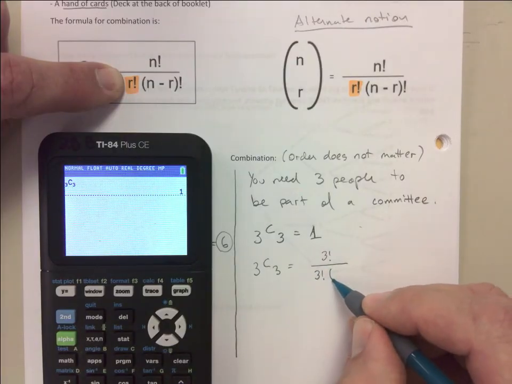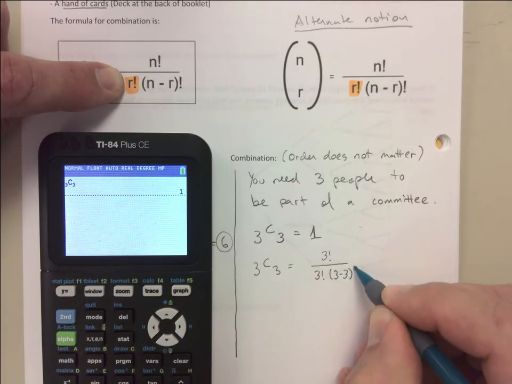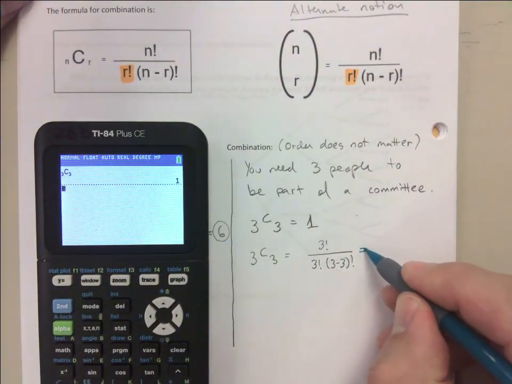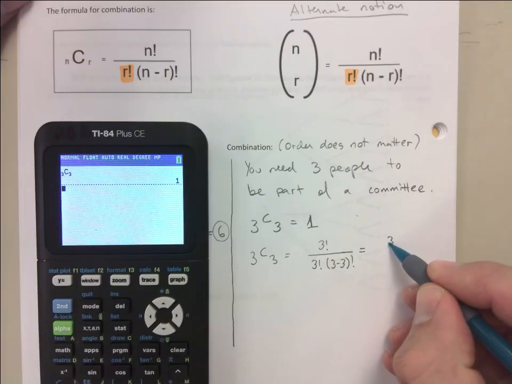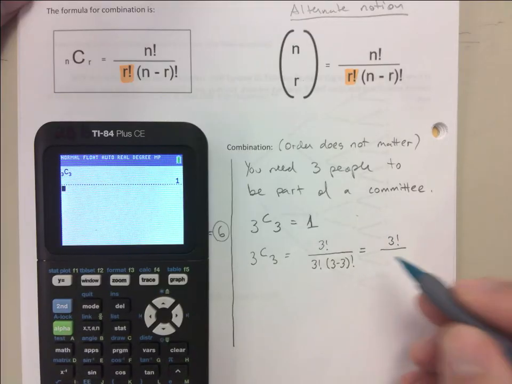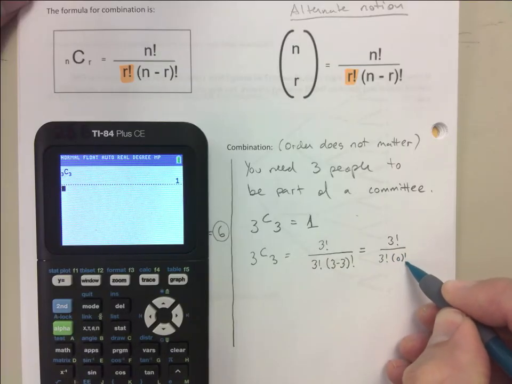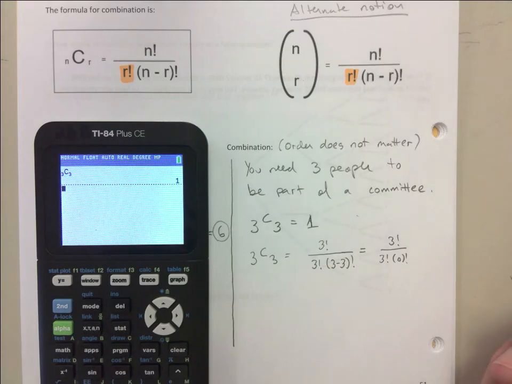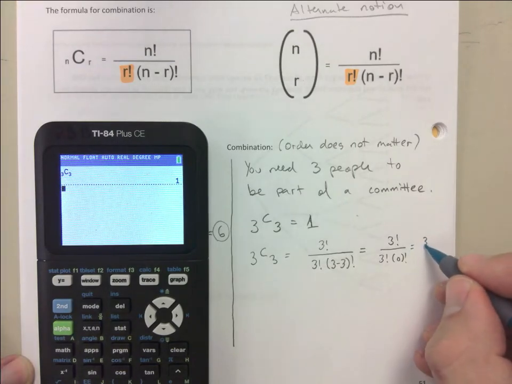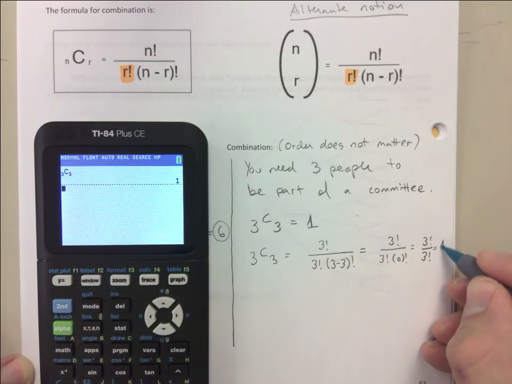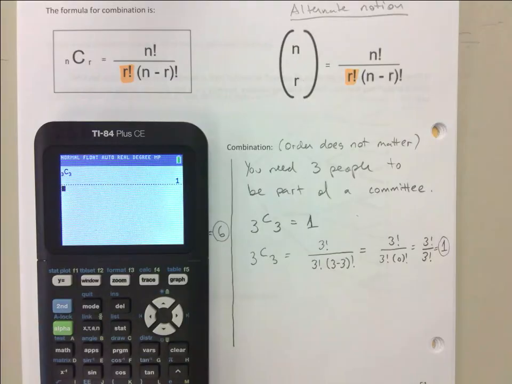And then it's brackets n minus r, 3 minus 3 factorial. I'm going to keep the top as factorial. That's 3 factorial times 0 factorial. Anybody remember what 0 factorial is? 1. Okay. So it's just 3 factorial over 3 factorial, which is 1. So there it is, confirmed, having done it by hand.